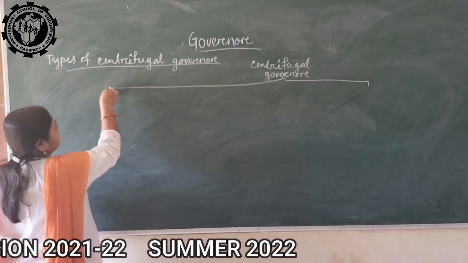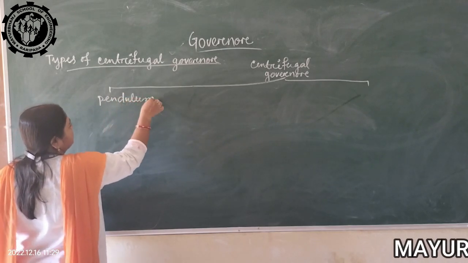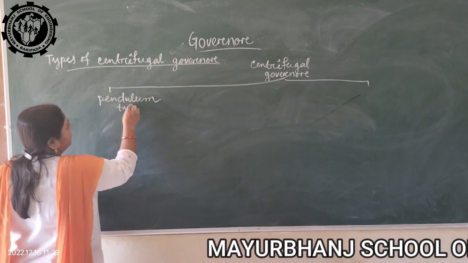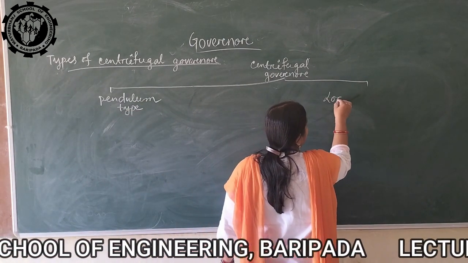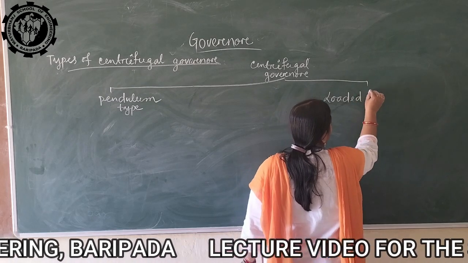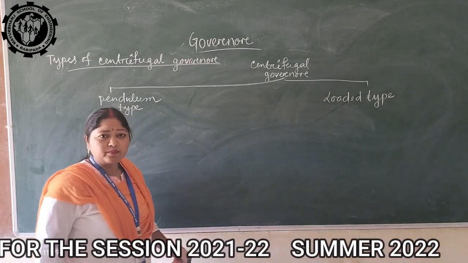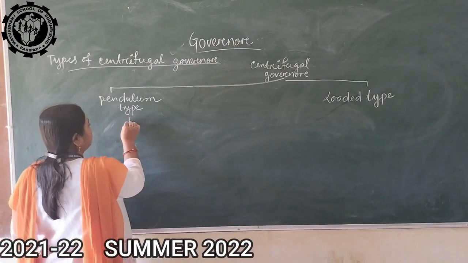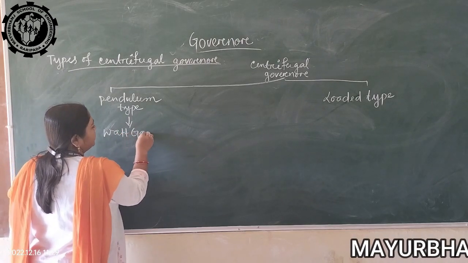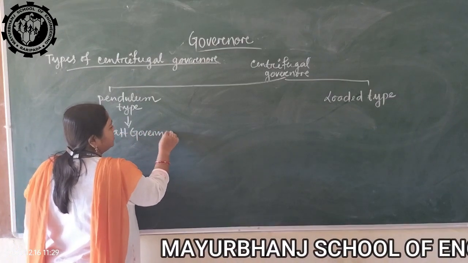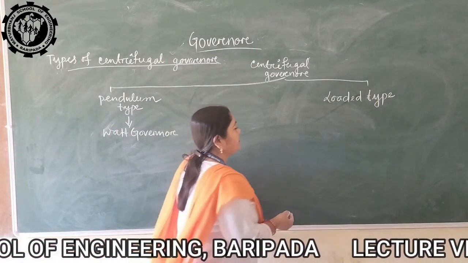One is your pendulum type, and another one is your loaded type. The example of a pendulum type governor is your Watt governor. Watt governor is a pendulum type governor.